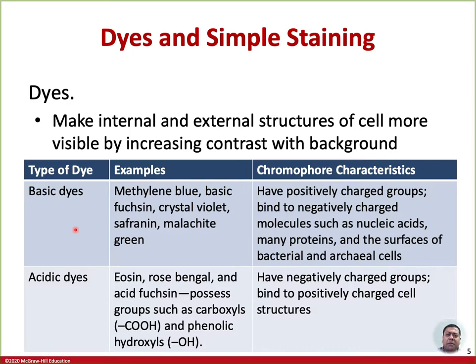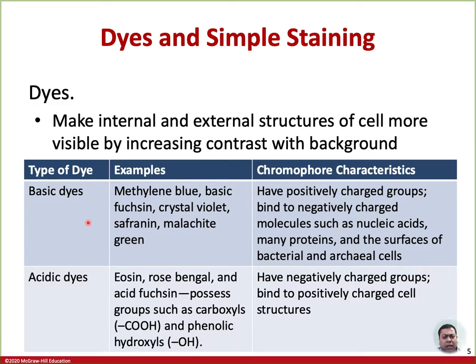So what we mean by this is that the basic dyes, for example methylene blue, basic fuchsin, crystal violet, safranin, and malachite green. Methylene blue is blue in color, basic fuchsin is raspberry red, violet in color, safranin is red in color, and malachite green is green in color.